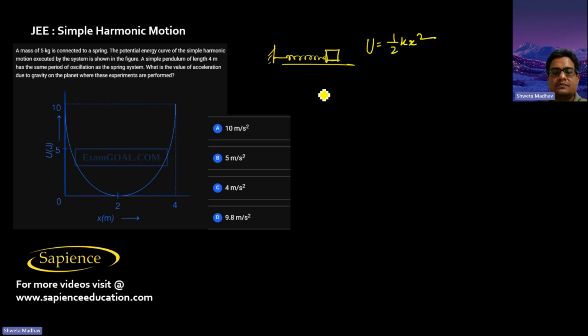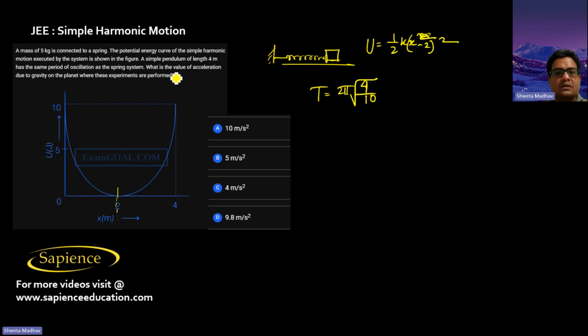So T will be equal to 2 pi root over L by g, that is 4 by 10. Here this should actually be x minus 2 whole square, since the mean position is at x equal to 2. So the potential energy is half k into (x minus 2) whole square.